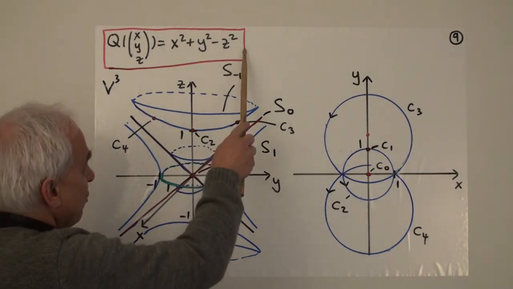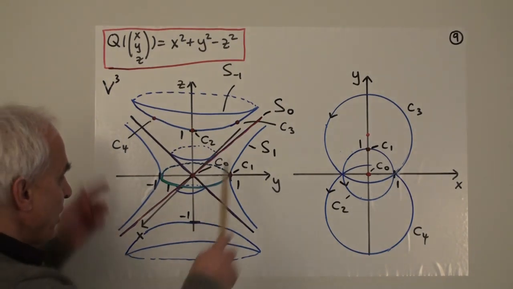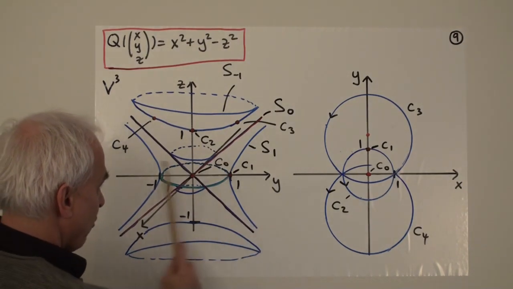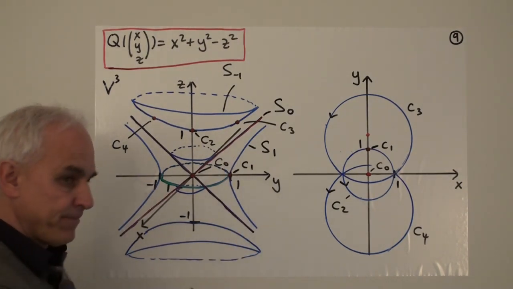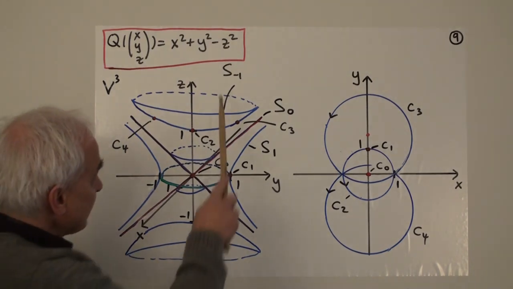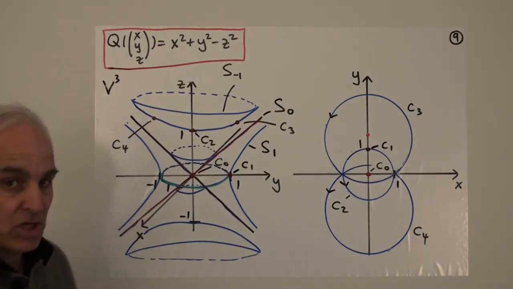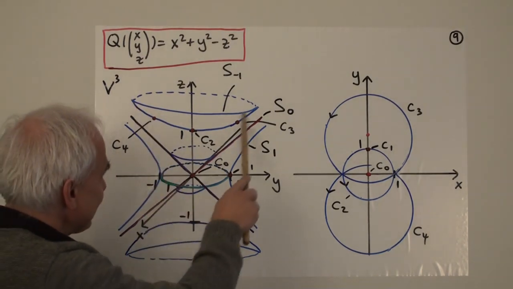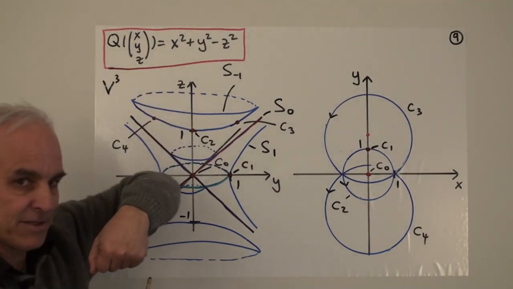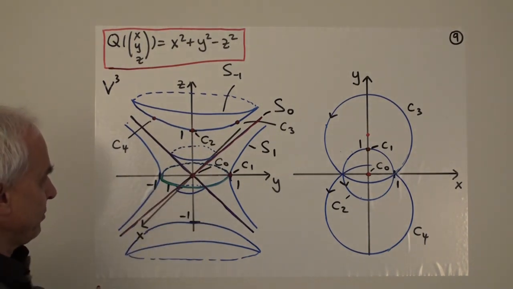If you set this equal to plus 1, you get the sphere we might call S1, which is a hyperboloid of revolution, what you get when you take this hyperbola and revolve it around the z-axis. It's a hyperboloid of 1 sheet. And S sub minus 1, what you get when you set this equal to minus 1, is a hyperboloid of 2 sheets, what you get when you take this hyperbola and again revolve it around the z-axis. So it has a hyperbolic cup in this direction, hyperbolic cup in that direction.